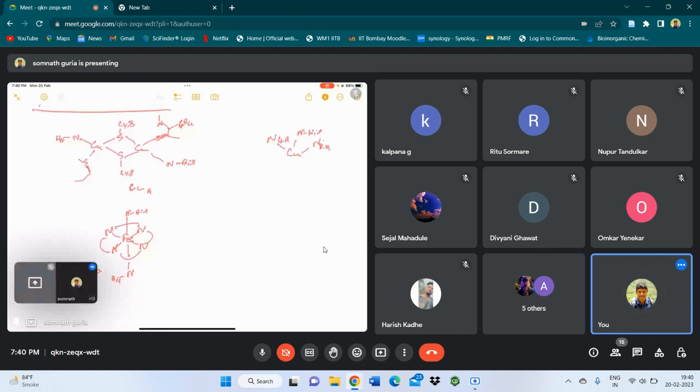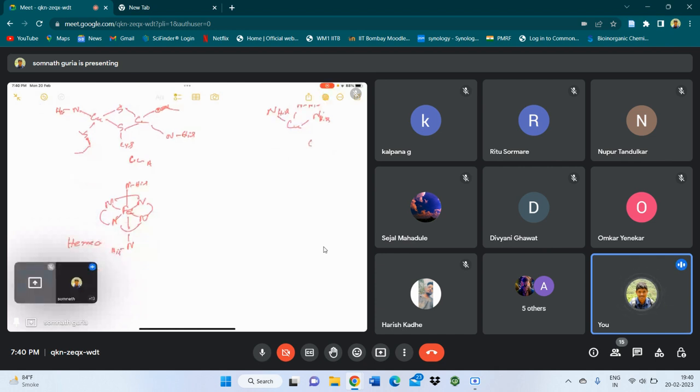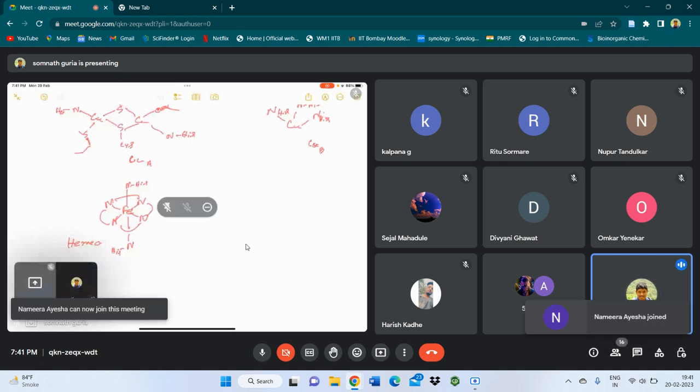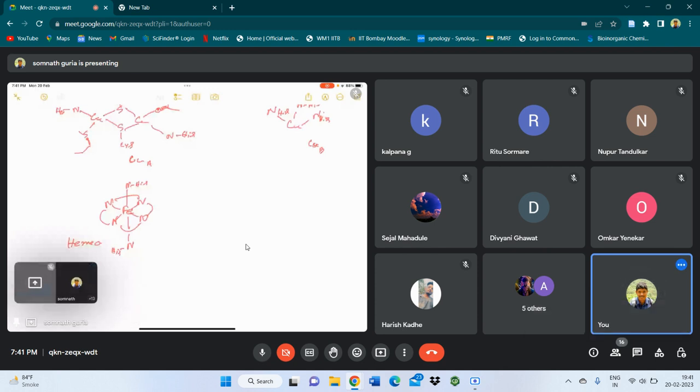This is the copper B subunit, also an iron porphyrin and histidine, and one side of this system is vacated.